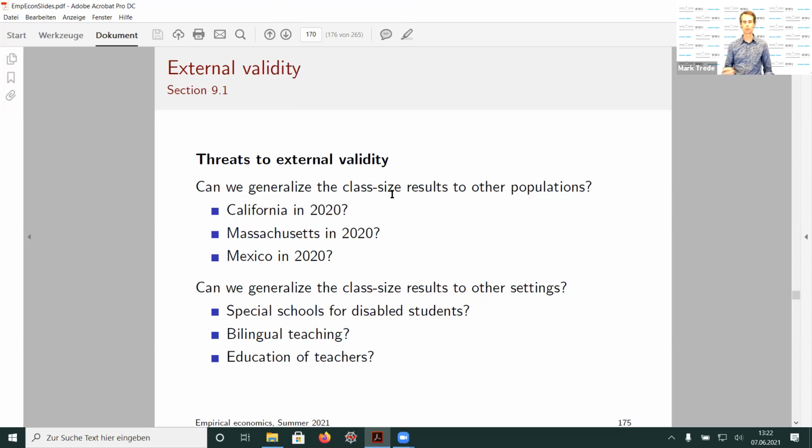Remember, the running example, we started that many weeks ago, is a data set which was collected in 1999 in California. And of course, we might ask, can we generalize that finding to California in 2020 or 2021?